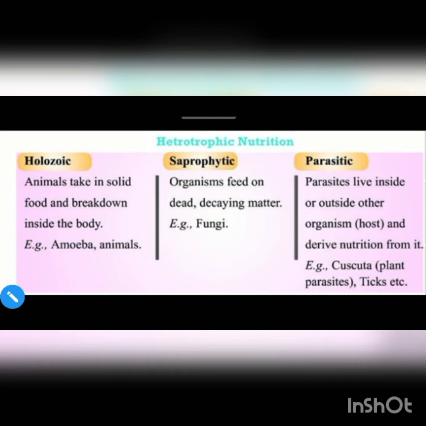They will absorb nutrients from the host. They will derive nutrition from the host, from a living organism. There are some plants also which are parasitic. Example, Cuscuta. Now let us learn about Holozoic mode of nutrition and Saprophytic mode of nutrition in detail.